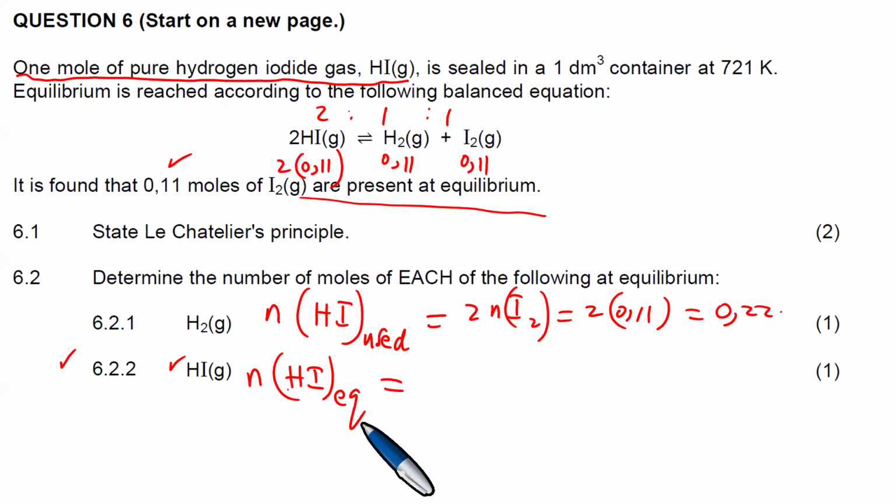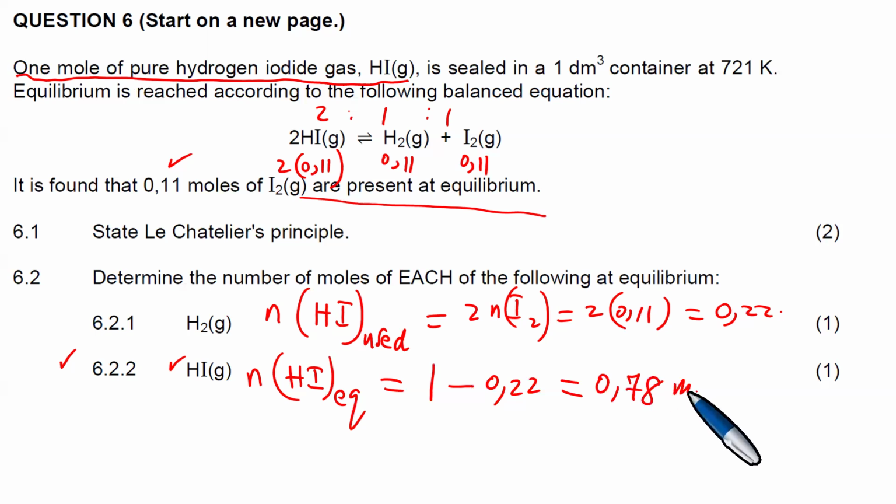Initially you had 1 mole of hydrogen iodide, and used up were 0.22 of hydrogen iodide, and the difference here is exactly 0.78 moles.